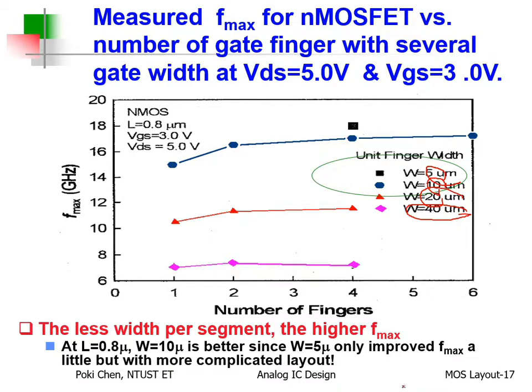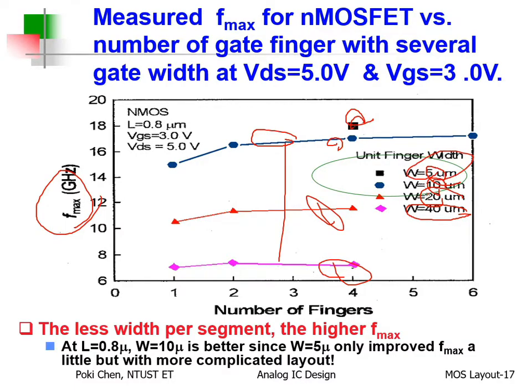So according to the maximum operation frequency, you can see who get the most. This is for 40, 20, 10, and 5. So which one is better? 5. Right? Each finger. 5 microns.